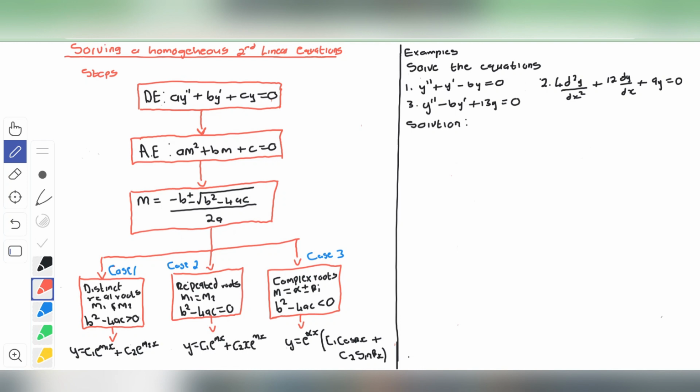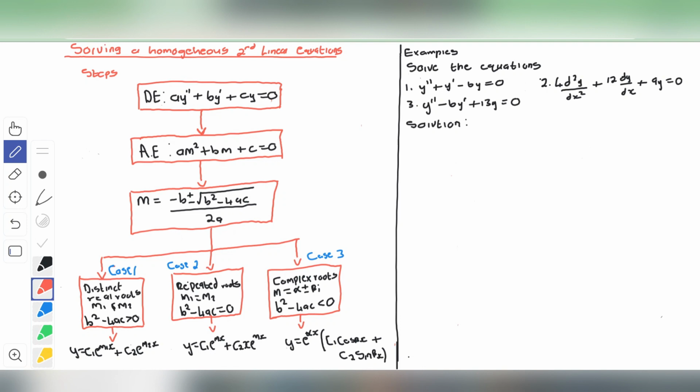So for case 2, how do we use it? We are going to use the formula of case 2 whenever our b squared minus 4ac is equal to 0. Therefore, we use this formula which says y equals c1 multiplied by e to the power of mx plus c2 multiplied by x multiplied by e to the power of mx.